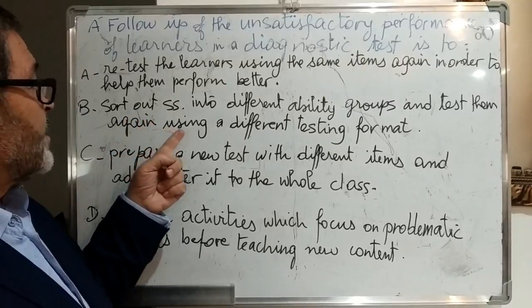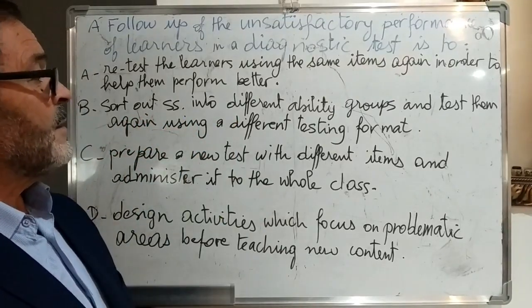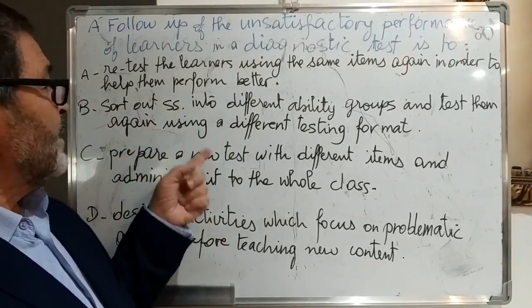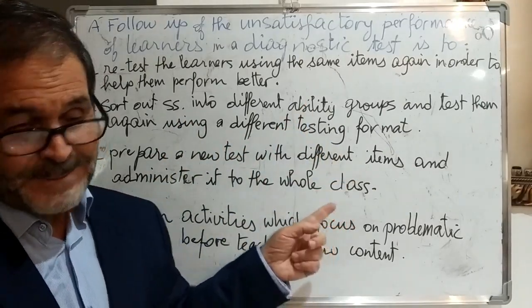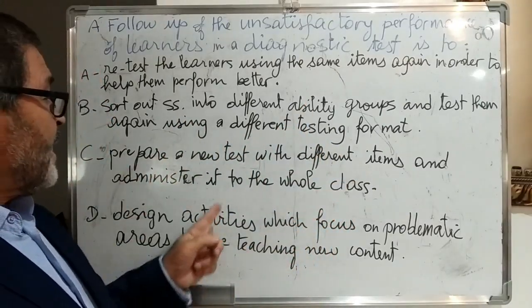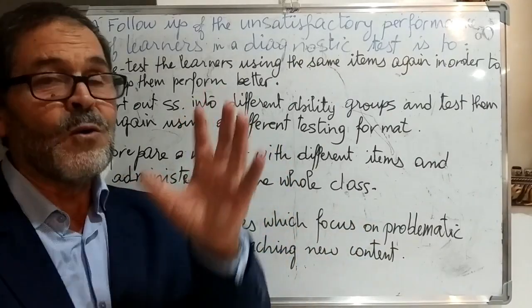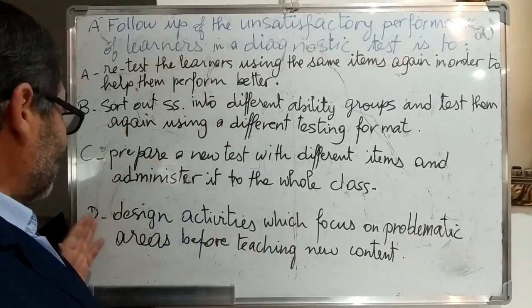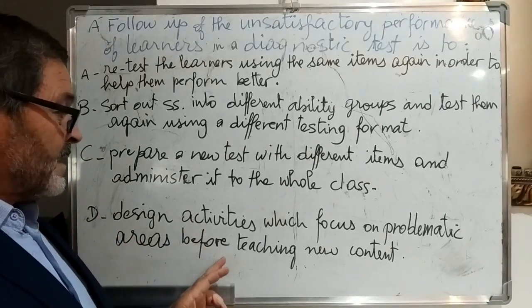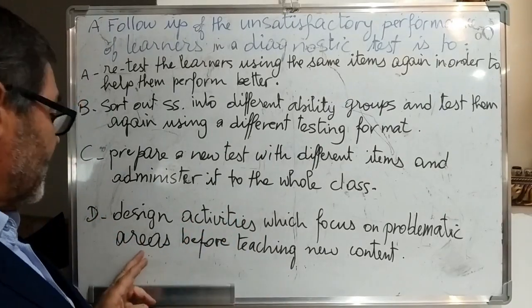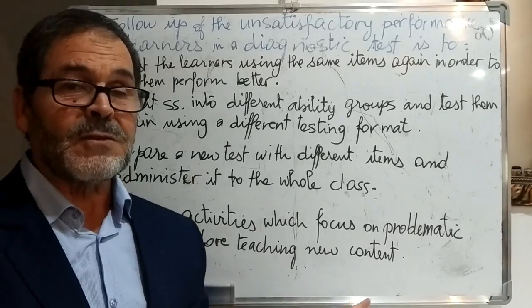B. Sort out students into different ability groups and test them again using different testing formats. C. Prepare a new test with different items and administer it to the whole class. And D. Design activities which focus on problematic areas before teaching new content.